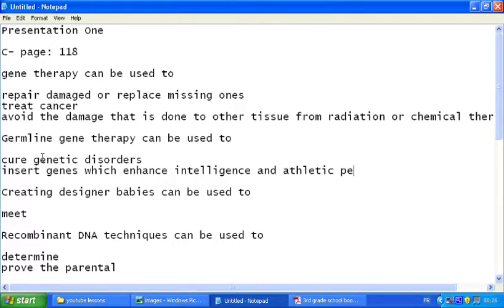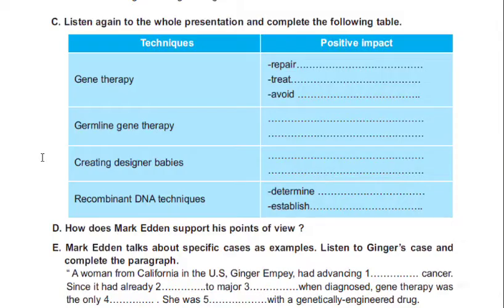I mean better at sports and practicing sports. Creating designer babies, however, is meant to meet the wishes of the parents. Thus, creating new hope for parents who need a cure for their sick children.